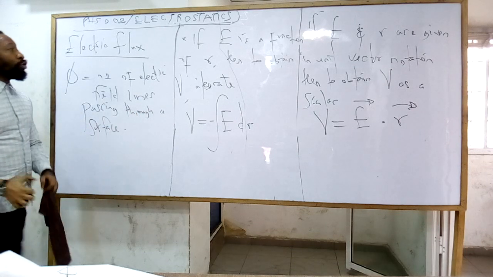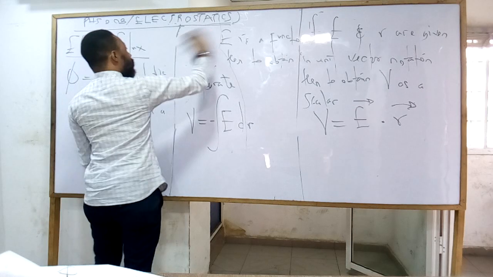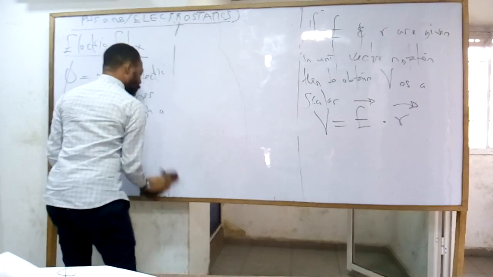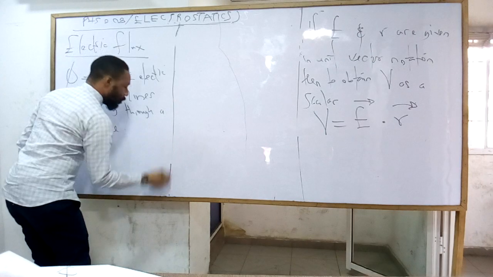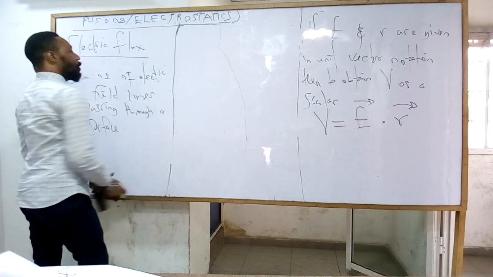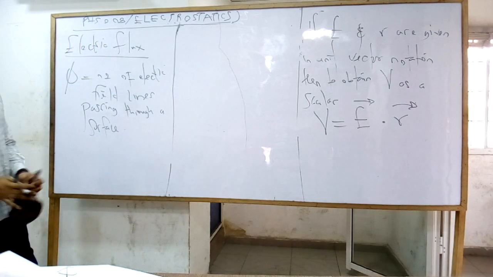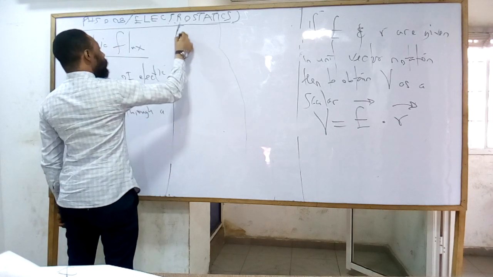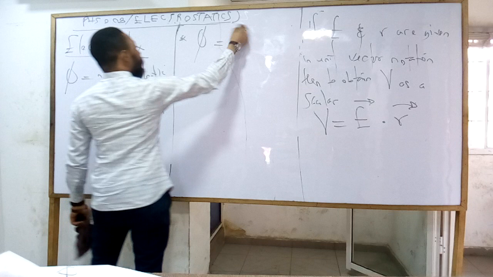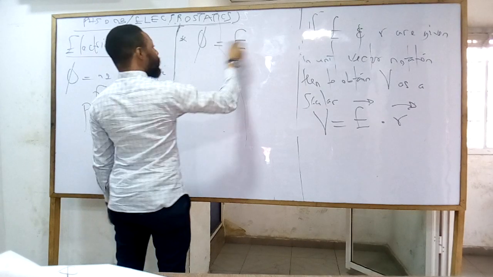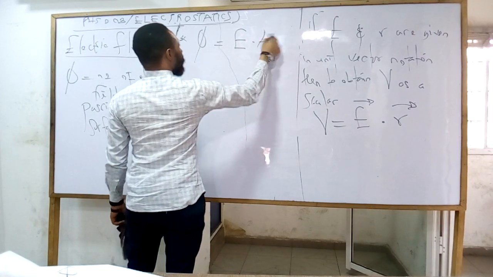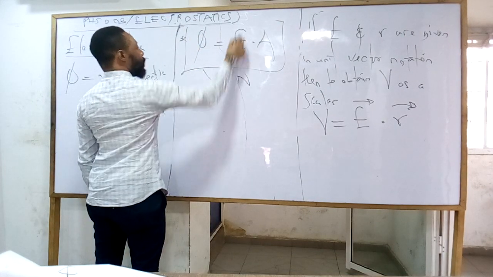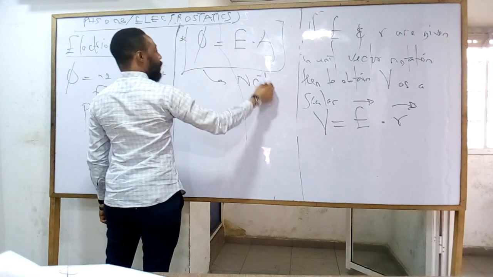They are your notes. So electric flux is also dependent on your electric field intensity and area. So flux itself is E dot A. So the expected unit is newtons per coulomb, then meter square.